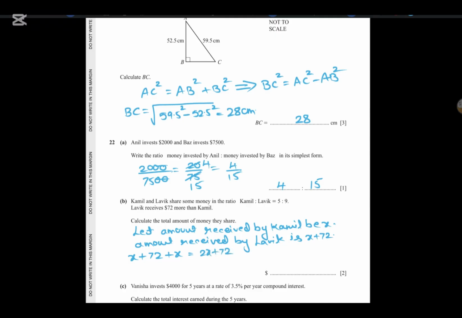This is the total amount it was shared. Then take the ratios: 5 by 14 into 2x plus 72 is equal to x.